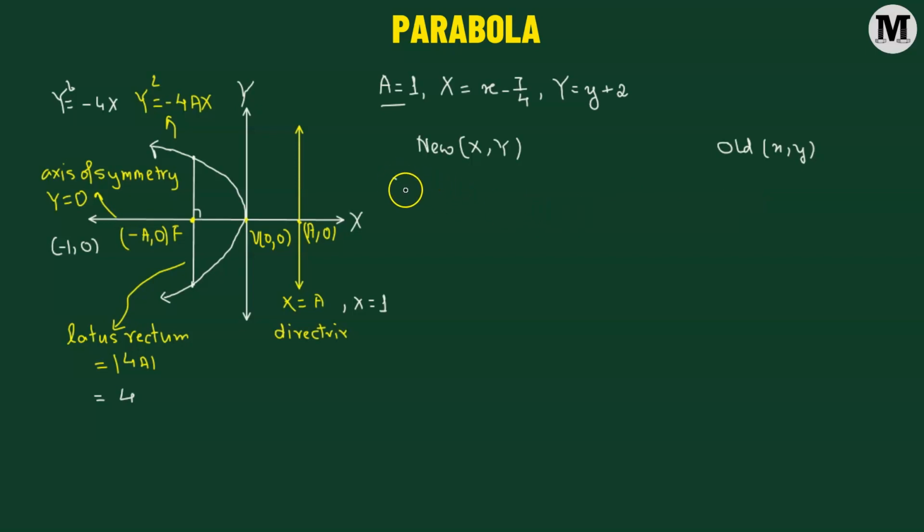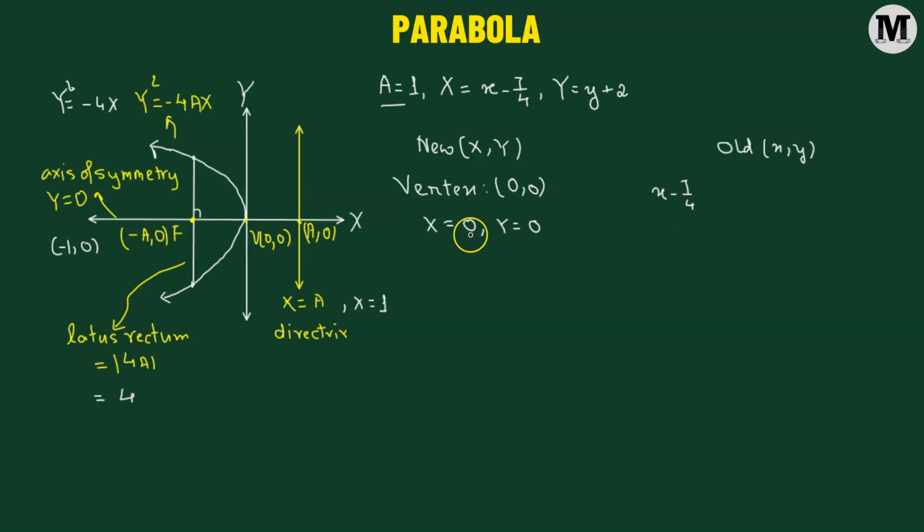Let's start with the vertex of the parabola. Here we have the vertex of the parabola according to the new system at 0, 0. This means the x value is 0 and the y value is 0. However, in the old system, we'll replace this x value with x minus 7 over 4.